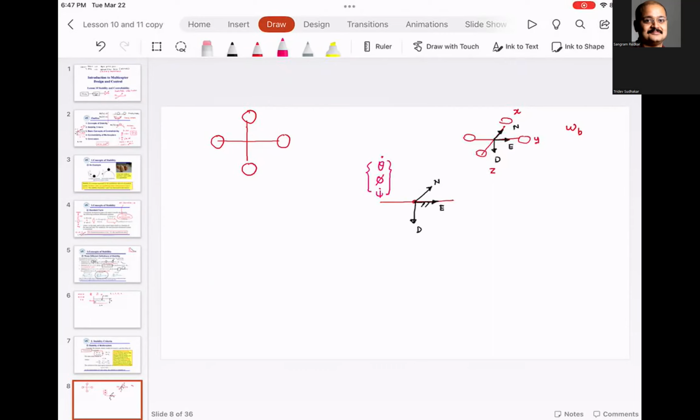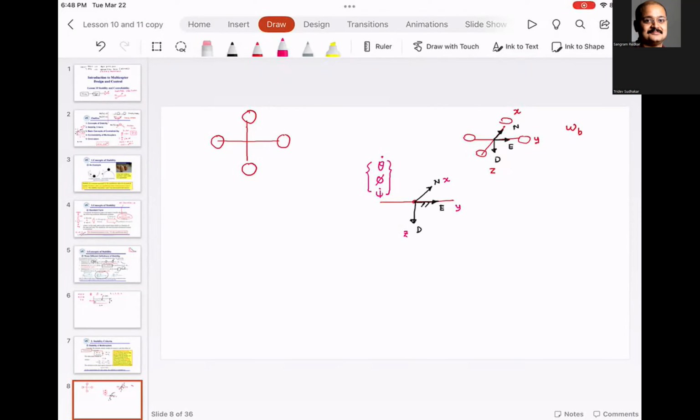So this is X, Y, and Z. This is a special case wherein the X, Y, and Z of the quadcopter is aligned with X, Y, and Z of the inertial frame.